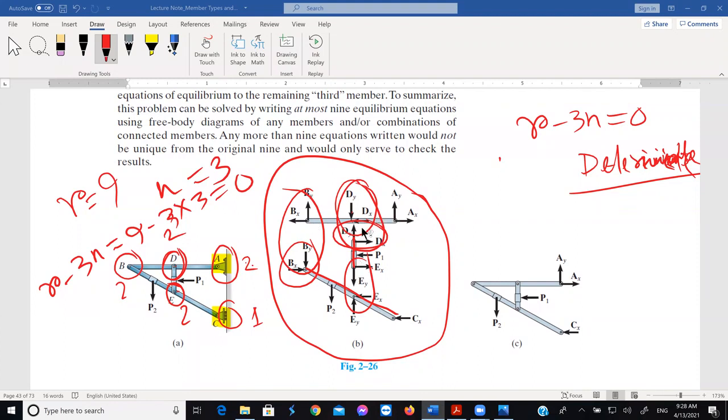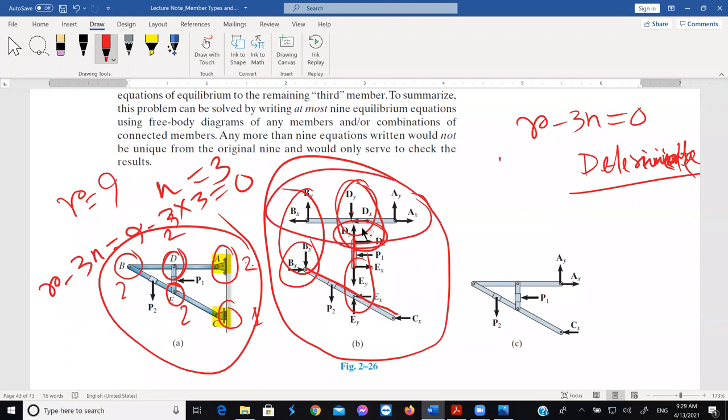For example, we can take the summation of moment at point A for the whole structure. At the same time, we can take the summation of moment at A for just this horizontal member ADB only. In addition, we can apply the equilibrium equations for member DE and also member BEC.